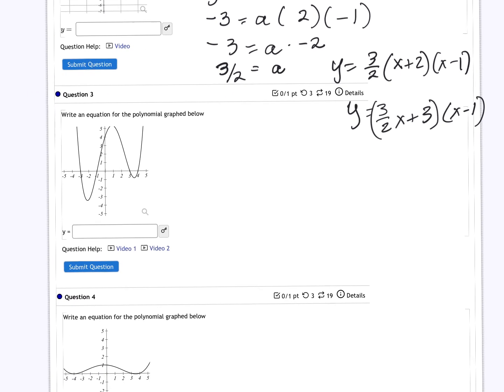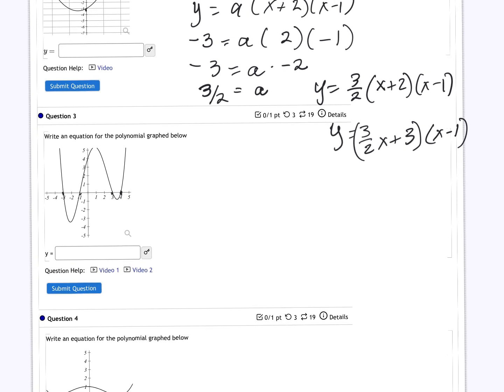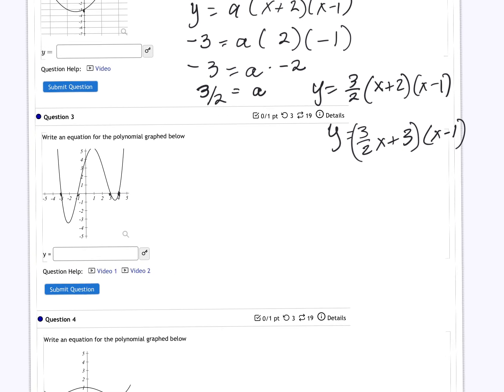All right. Same thing is going to happen here. We are using the rational root theorem that says every time you have a 0 cross, you get another factor. X minus 4, x minus 3, x minus negative 1, and x minus 3, x minus negative 3, and some a I don't know yet.